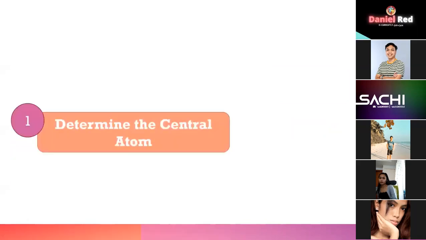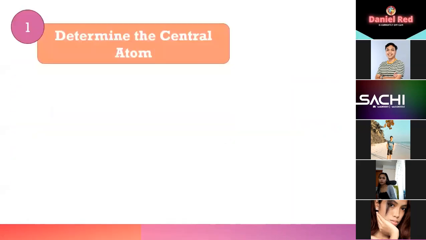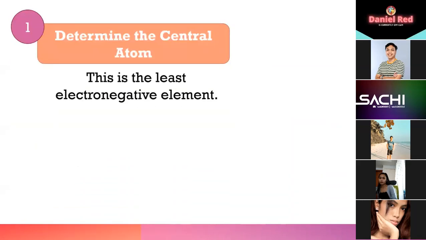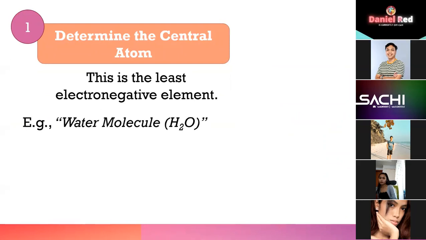To determine the molecular geometry of a molecule, you need to follow these particular steps. Step number 1 is to determine the central atom in a molecule. To determine it, this is the least electronegative element. So we have here the example of water molecule or H2O.